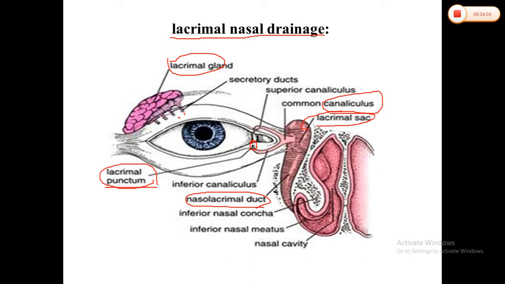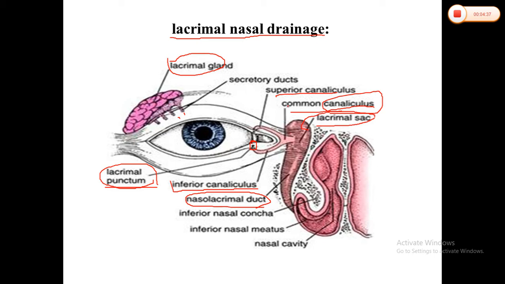Here we can see the second part, that is the canaliculus. There are three canaliculi: the inferior canaliculus, the superior canaliculus, and a common canaliculus, where the inferior and superior canaliculi join. So two in number, they join the punctum to the lacrimal sac. Each has two parts: vertical, 2 mm, and horizontal, 8 mm, and at the junction it dilates to form the ampulla.